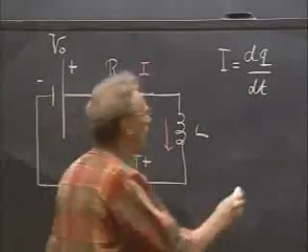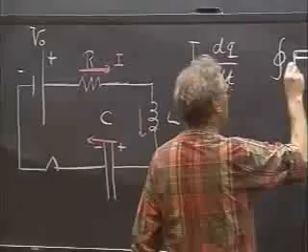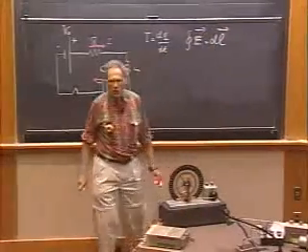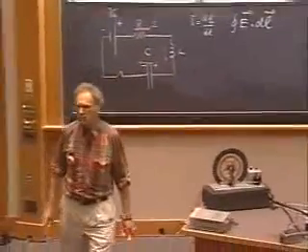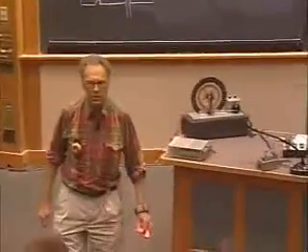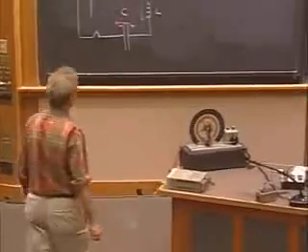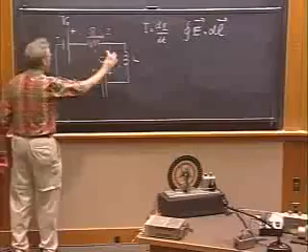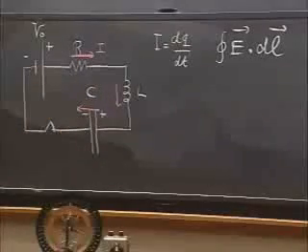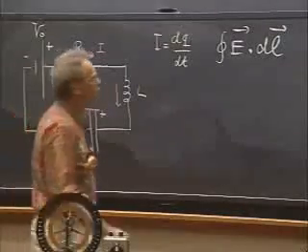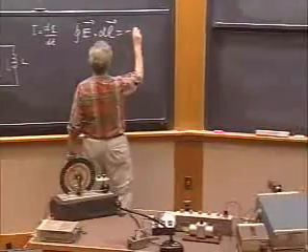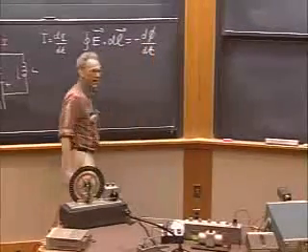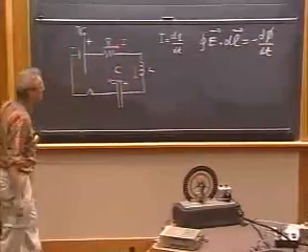And now I have to do the closed loop integral of E dot dl. Kirchhoff's law does not hold. The closed loop integral is not 0 because we have a magnetic flux going through a surface attached to this closed loop. So the closed loop integral of E dot dl is minus d phi/dt, phi being that magnetic flux going through that surface.